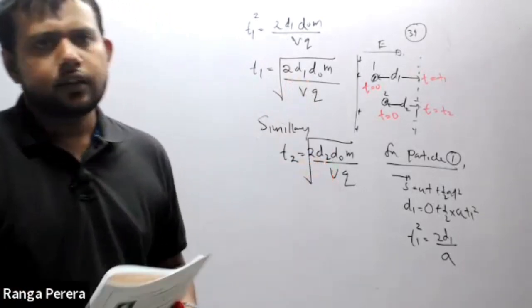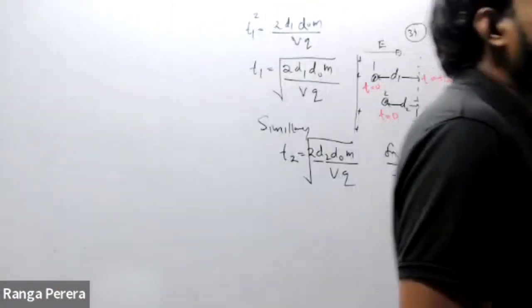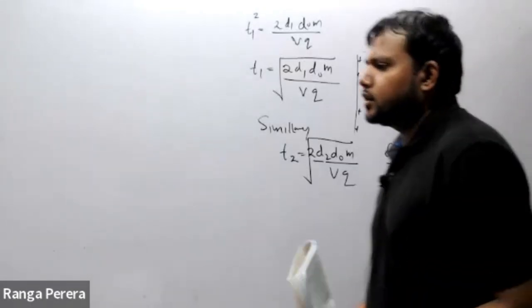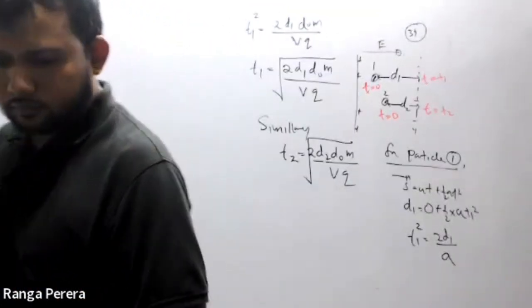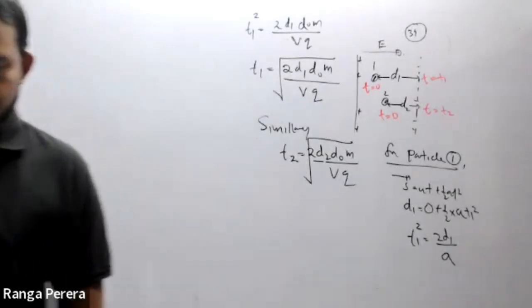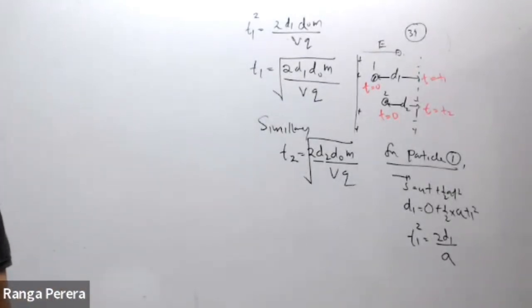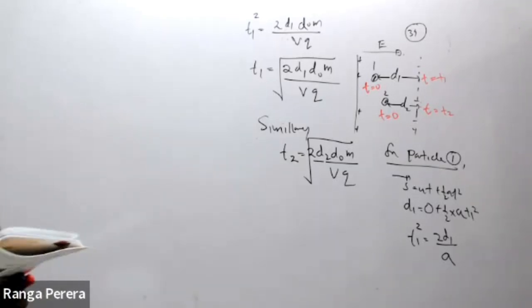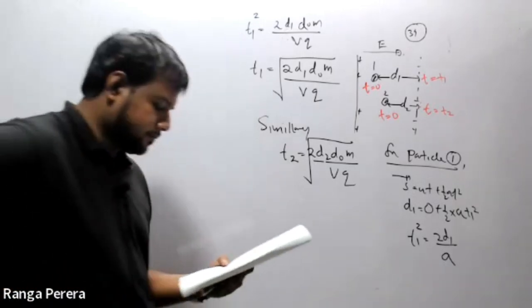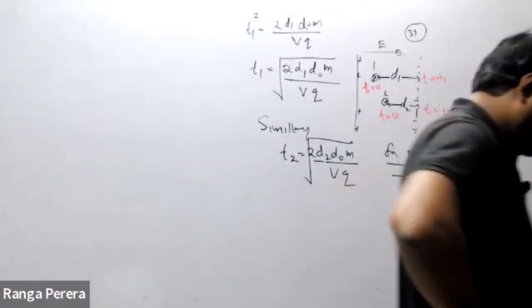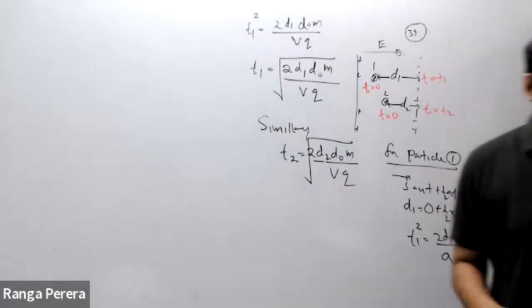Just write under that: based on the result obtained, t2 is less than t1.